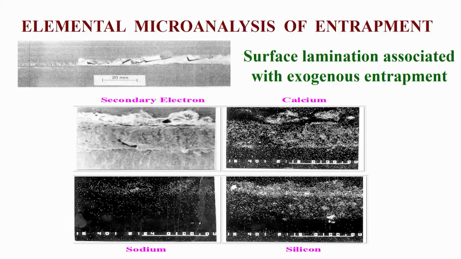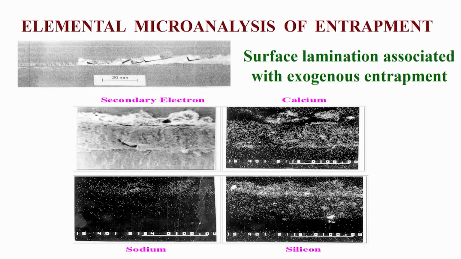Why is it happening? Because of the workability. When you are hot rolling, the rollability of the basic steel and of the entrapment, which is basically a complex oxide, are different. Their plasticity and formability are different. So, when we are hot rolling it, while it is at a depth inside the steel, maybe it is not creating any problem.